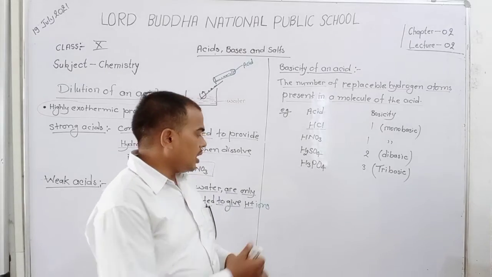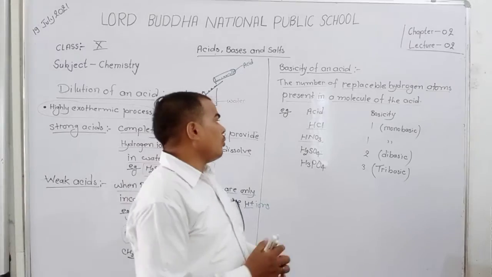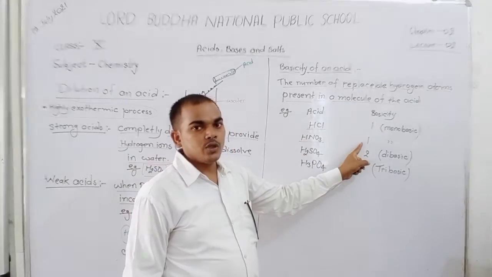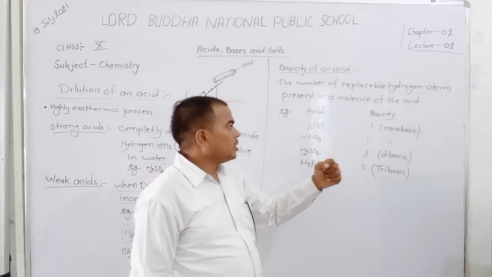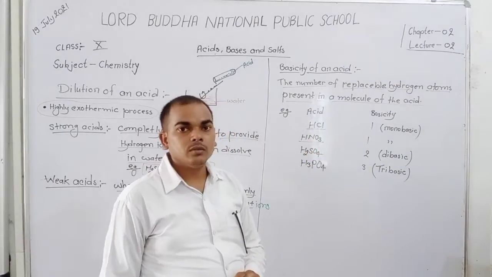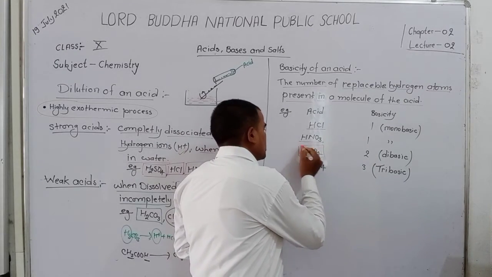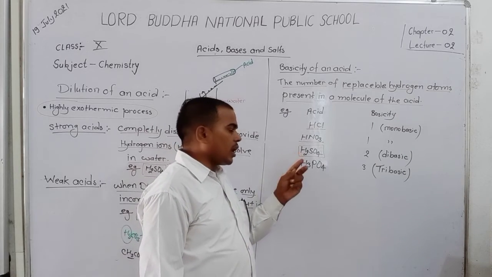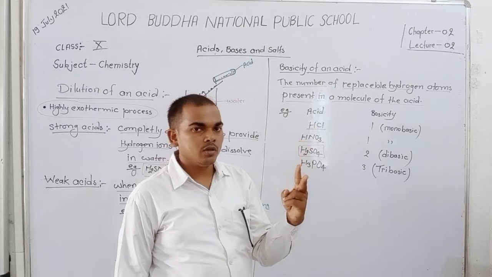Monobasic acid. Here HNO3 has one replaceable hydrogen, means basicity of HNO3 is 1. So it is also called a monobasic acid. Dear student, here H2SO4, you observe H2SO4 has 2 replaceable hydrogens.